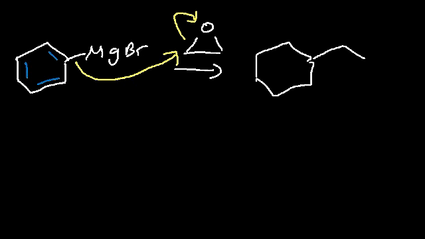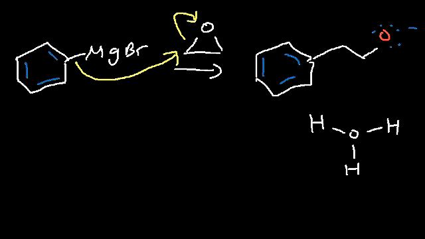And on the last carbon atom, we're going to have an oxygen with a negative charge. And then all we need to do is acidify the solution with the hydronium ion. And so this is going to give us a primary alcohol.